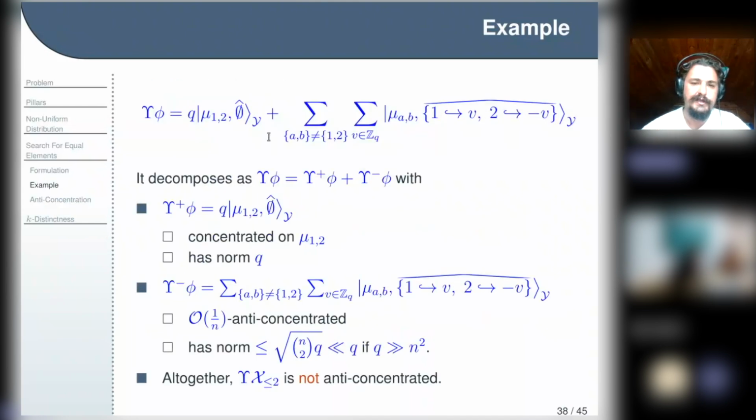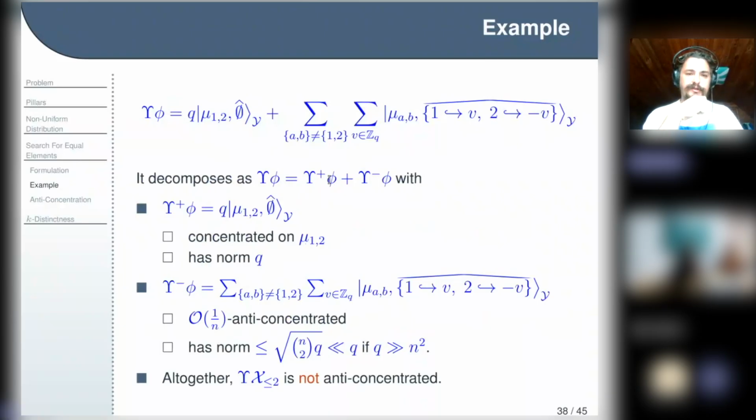So this is the division into the things that have knowledge and the things that don't have knowledge. The part that has knowledge is concentrated on mu 1, 2, and it has norm q, because this vector is normalized.